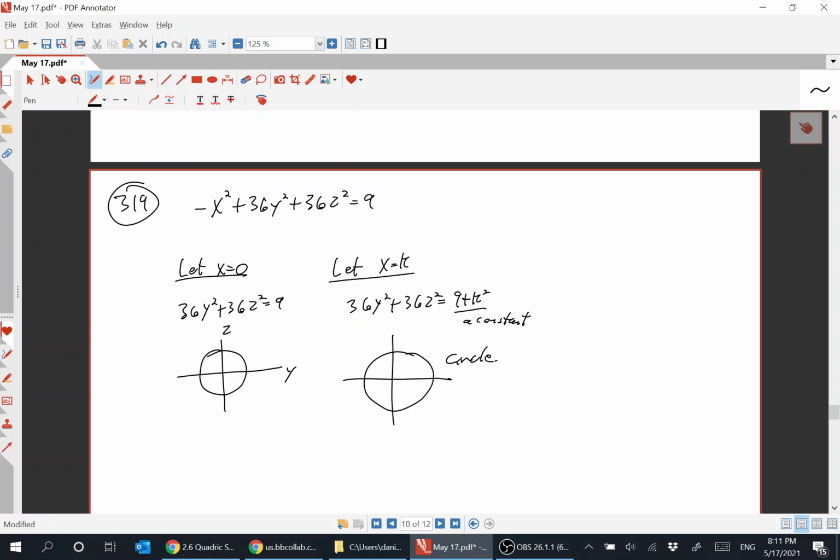So in the planes in XYZ space that are parallel to the YZ plane, we have circles.